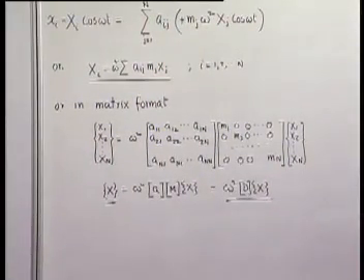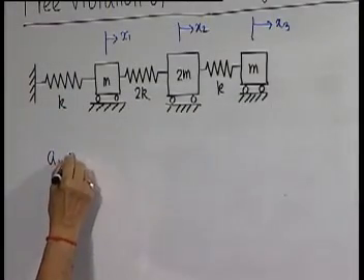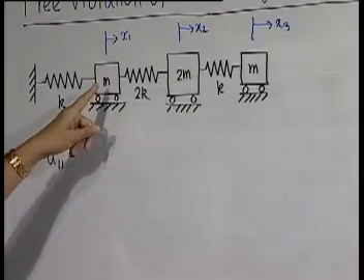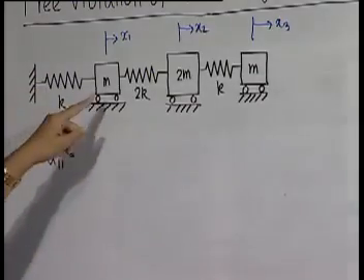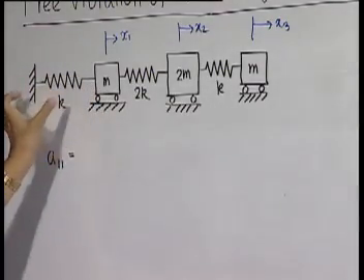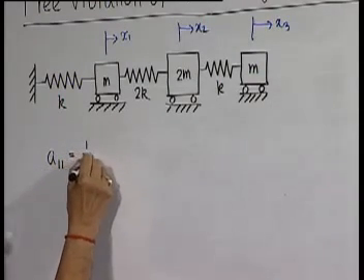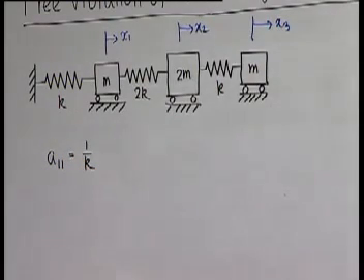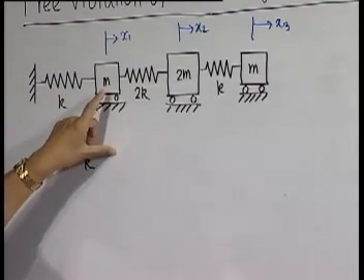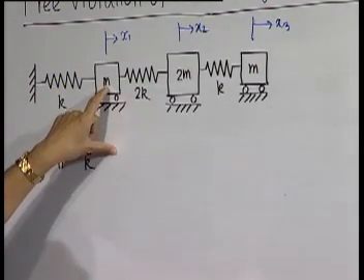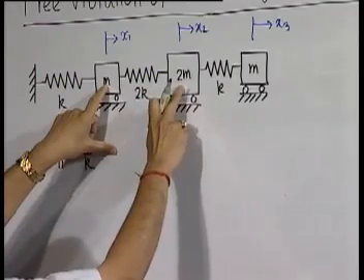Flexibility matrix, let us see what is A11. That is, if you apply a unit load at station 1, what is the deflection of station 1? Obviously, it is only the stretch of the spring, and that is nothing but 1 by k. Now, what will be the deflection of this position if you give a unit load here?